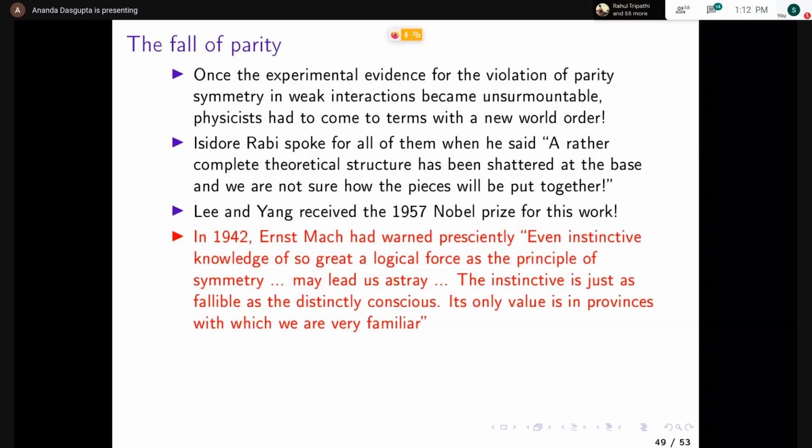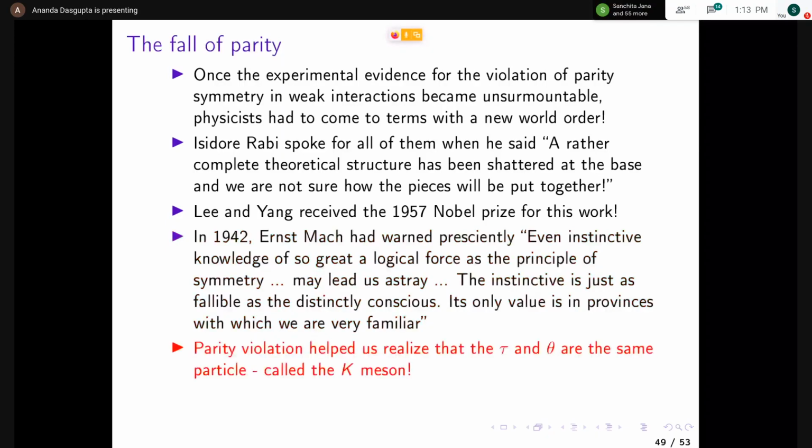The instinctive is just as valuable as the distinctly conscious. So whatever you think to be instinctively obvious may not be obvious. They have to stand up to experiments. This is the ultimate lesson of science, that you have to be guided by experiments at all stages.